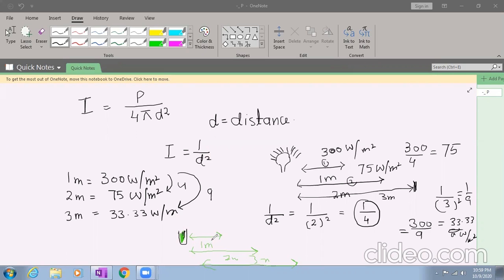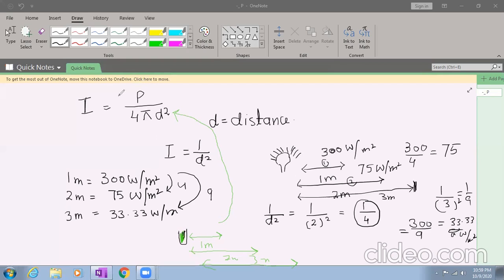Then you will put that value in this formula, right? If we put this value here in this formula, for example, 1 meter, what is the light intensity? So you will put 1 meter here, and P is actually which light you are using, the watt of your light source.